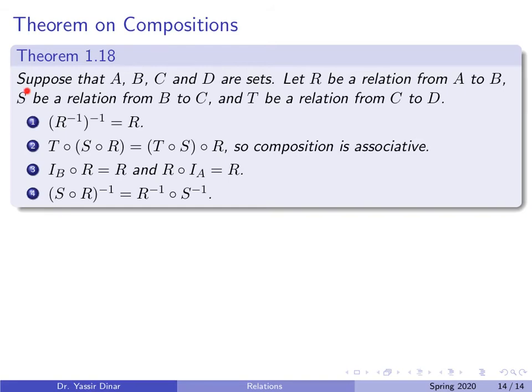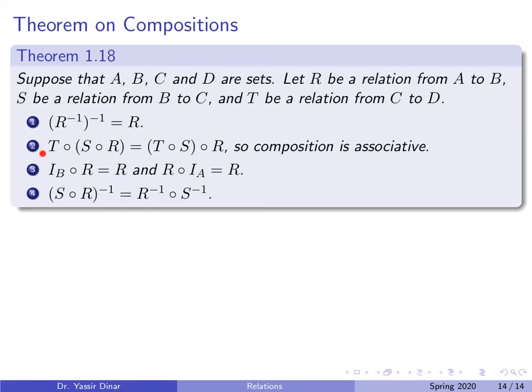The theorem says that suppose that A, B, C, and D are sets, and R is a relation from the set A to the set B, and S is a relation from the set B to the set C, and T is a relation from the set C to the set D. Then, if you want to find the inverse of the inverse of a relation, this will only give you the original relation. So if you take the inverse twice of a relation, it gives you the original relation.